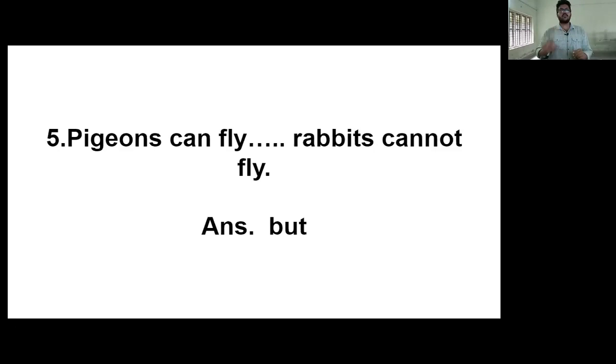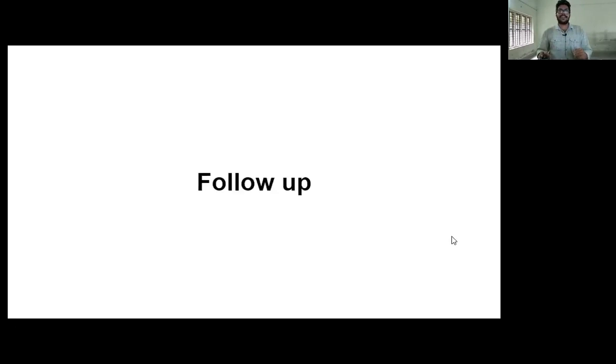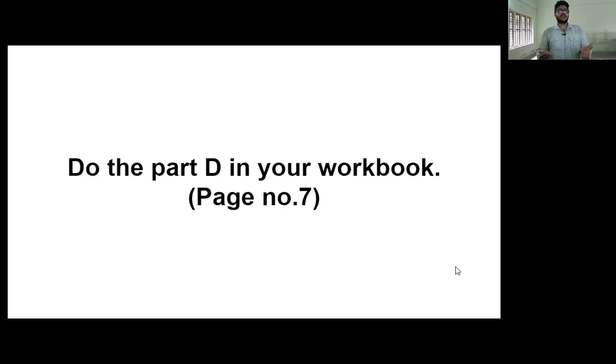Okay. So moving to the next thing, the follow-up activity of today's class. The follow-up activity is to do the part D in your workbook, page number 7. I already mentioned that we will discuss the part D. Part D is for the follow-up activity.